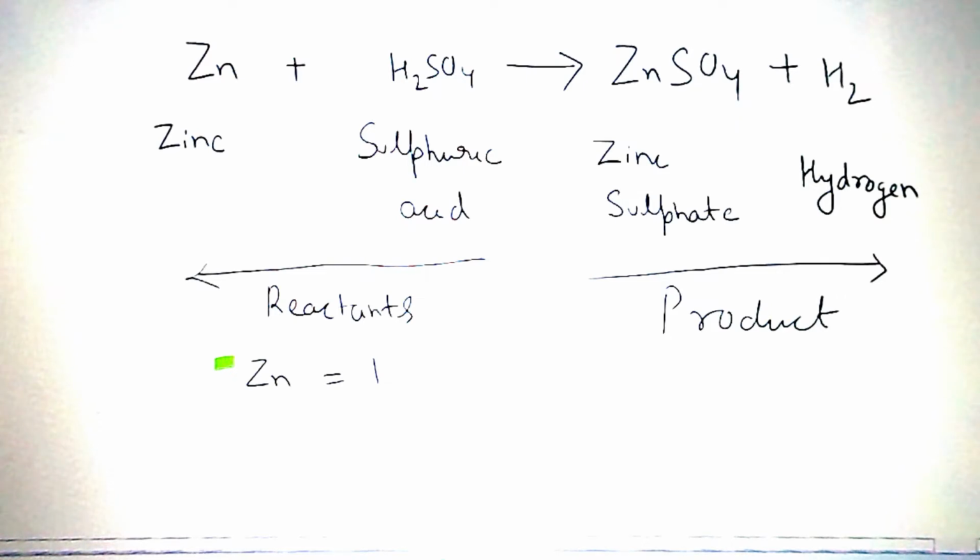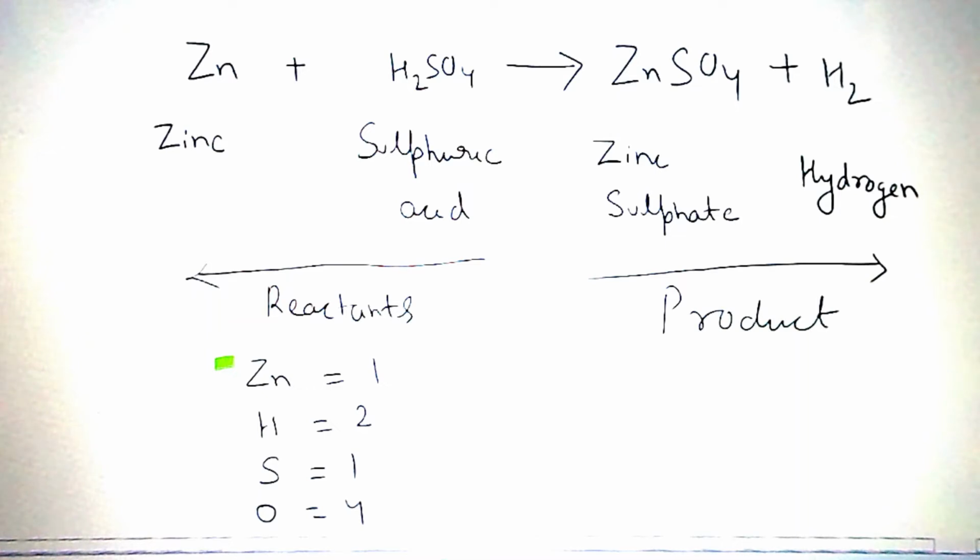Number of hydrogen atom is 2 and number of sulfur atom is 1 and number of oxygen atoms is 4.